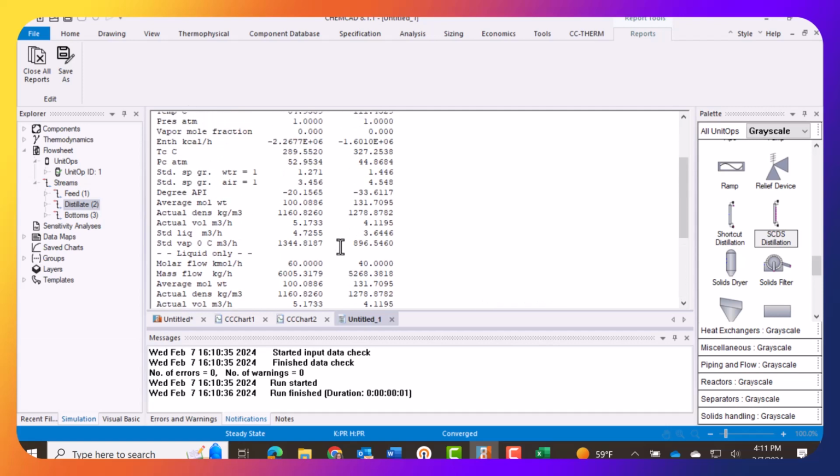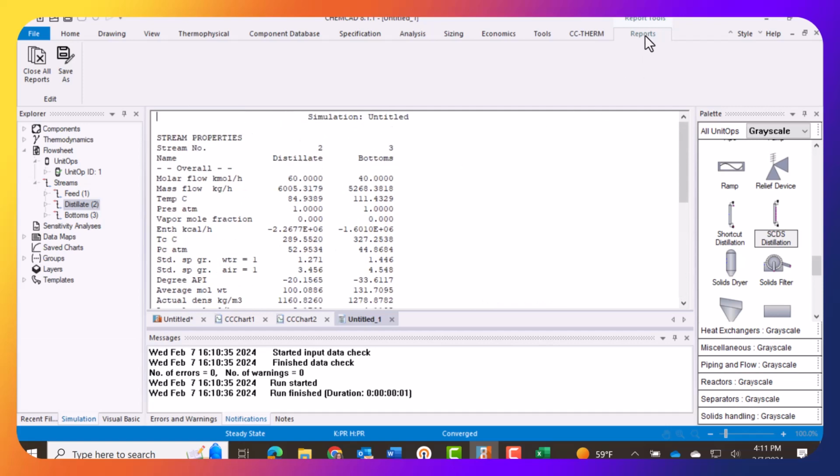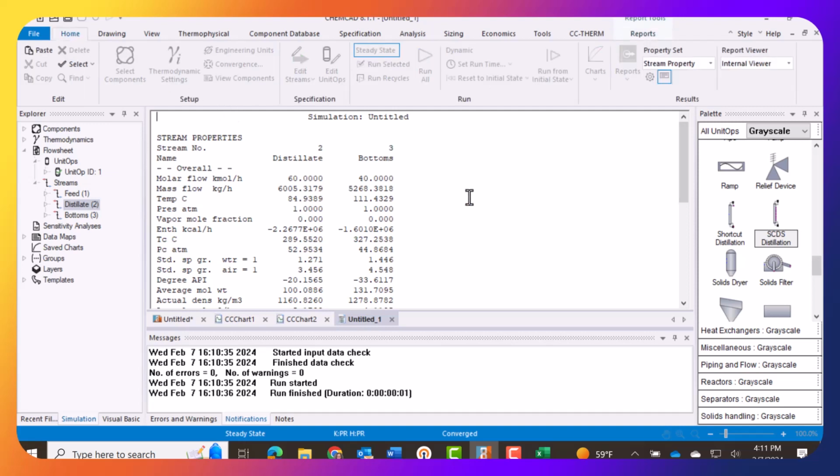So I can get the reports that I need that way. I can also do it by clicking on individual streams. So those are your choices. Now, they're going to have you analyze your data and think about it a bit more.